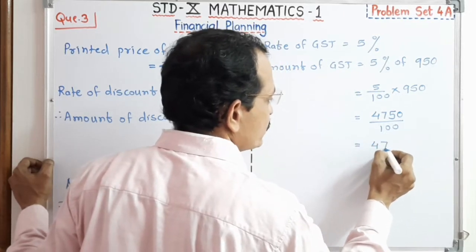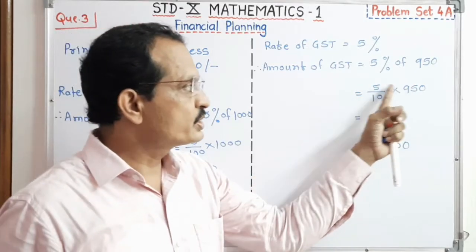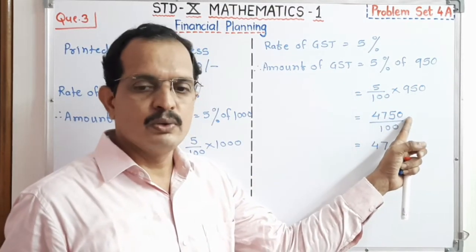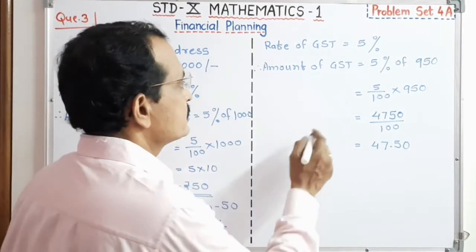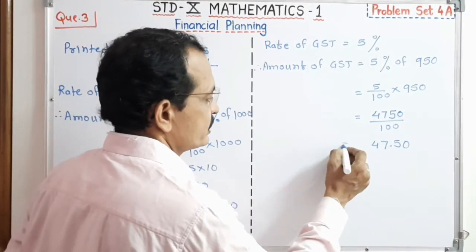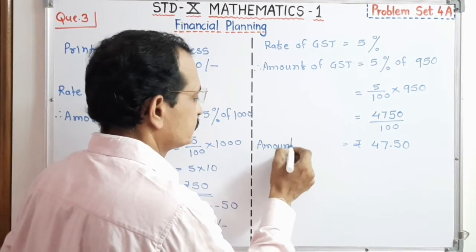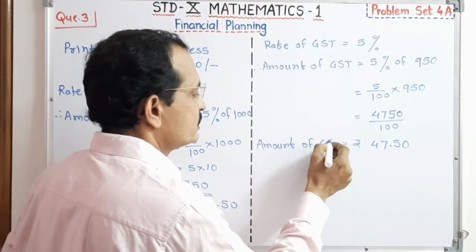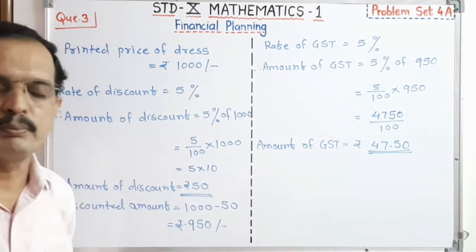Therefore it is 47.50. This is the amount of GST. Now amount of GST is rupees 47.50.